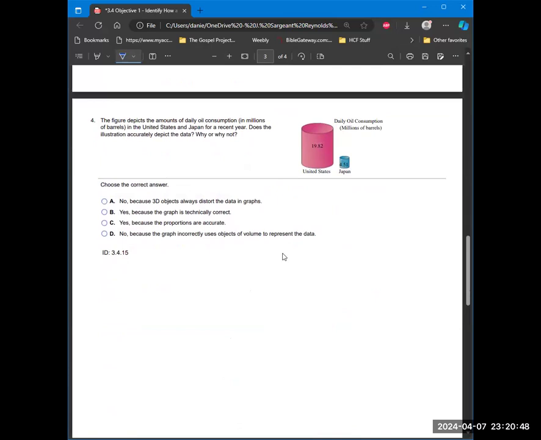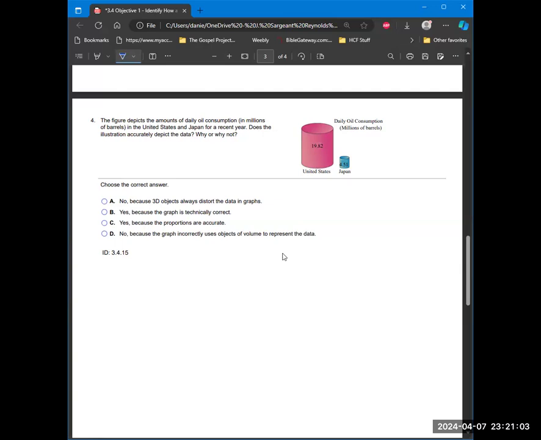The figure depicts the amounts of daily oil consumption in millions of barrels in the United States and Japan for a recent year. Does the illustration accurately depict the data? Why or why not?